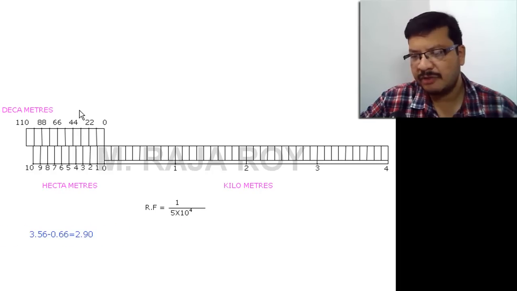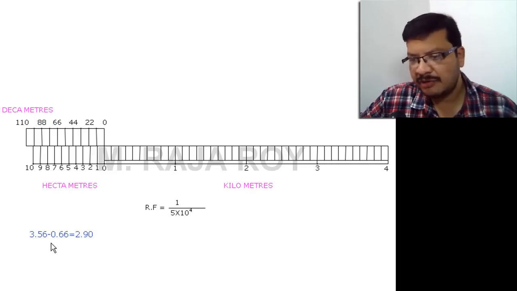To show a value of 3.56 kilometers, observe the last division in the given value. This last division is with respect to decameters. So here on the decameter scale, last division is matching with this division here, that is 66. So subtract 0.66 from 3.56, then it is 2.90.